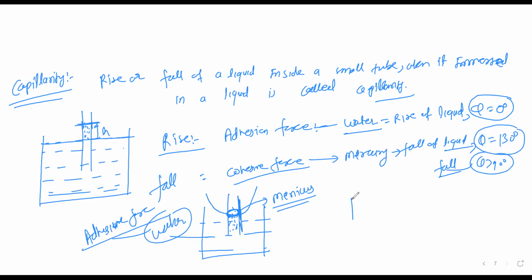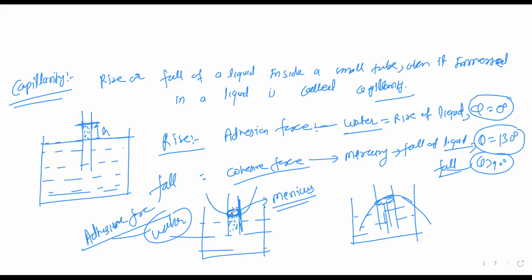That will happen in the case of mercury. Assuming this is mercury, a mercury liquid, there will always be a fall. Why? Because mercury is a non-sticky liquid. So you will get a meniscus like that.